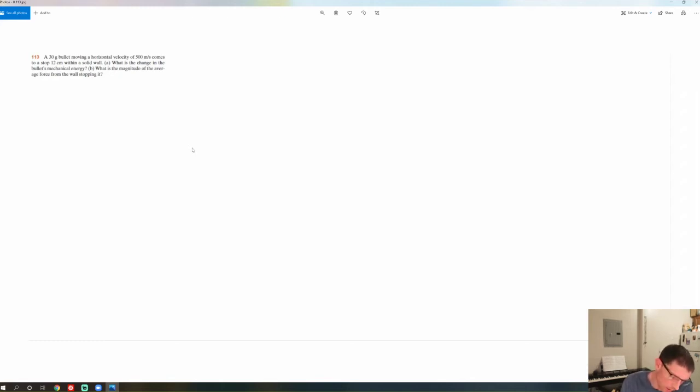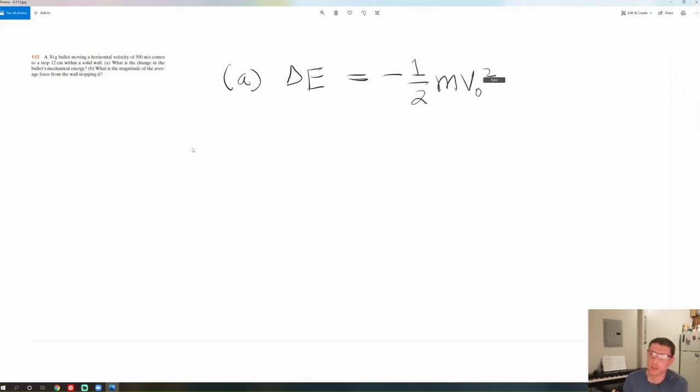Okay, so let me just rewrite what we found for A, right? We found that delta E was negative 1/2 m v naught squared. Cool. So now it's just realizing that the force that is exerted by the wall on the bullet, right, is what is going to bring it to a stop.